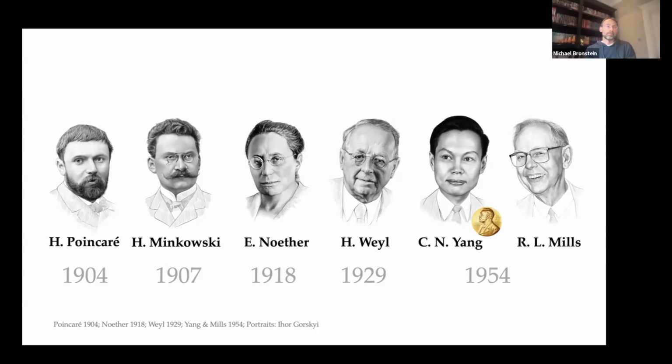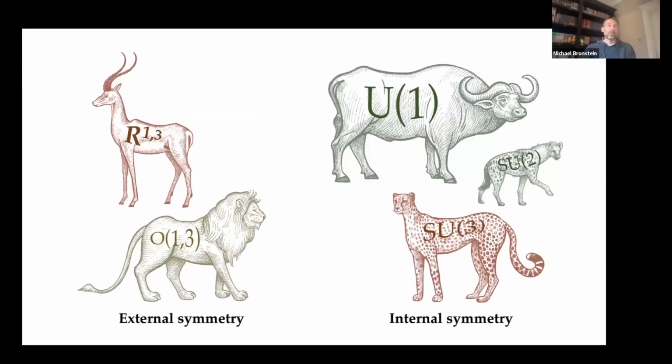And in a certain generalized form that was developed by Yang and Mills in the 50s, this has become what nowadays we call the standard model in particle physics. So it literally describes all the things that we know about how our universe works.